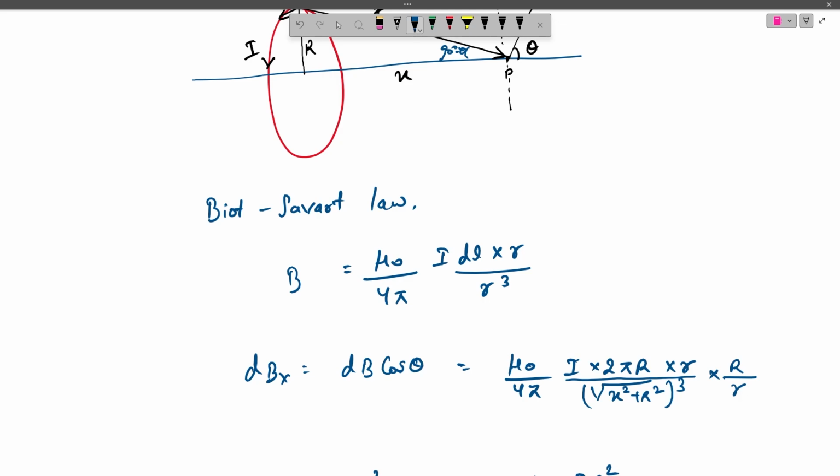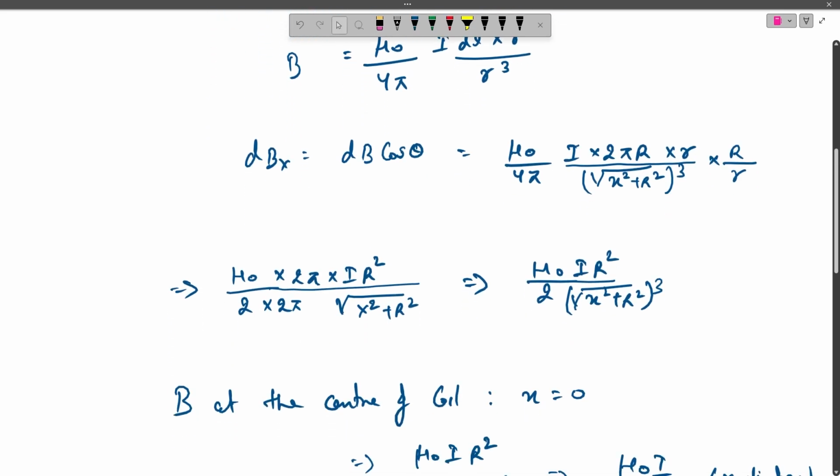Cos theta would be equal to capital R by the position vector small r. Proceeding further, this can be simplified to mu naught I R square by 2 under root x square plus R square whole cube.